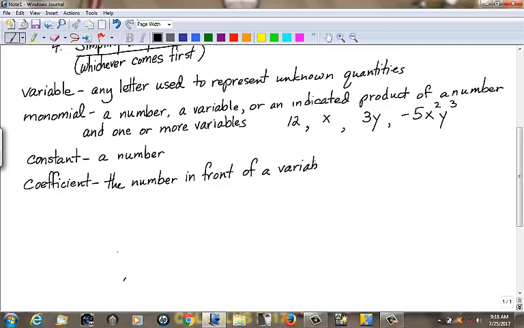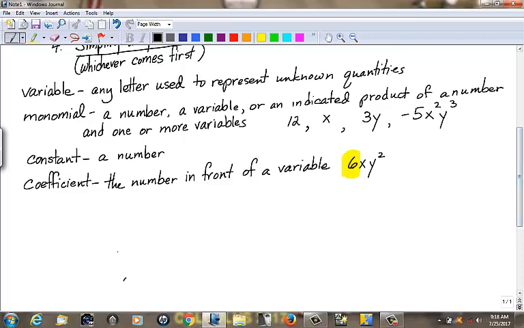So if I said 6xy to the second, okay, the coefficient would be the 6. Okay, the variables are an x and a y. Okay, the exponent would be an x to the first and a y squared.